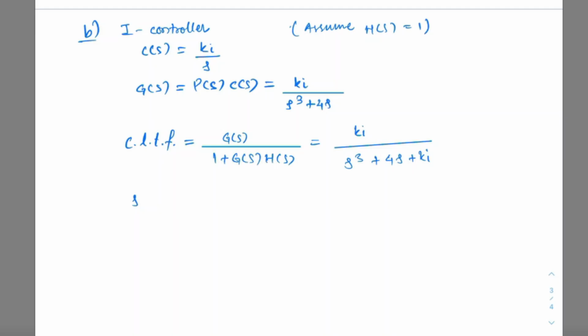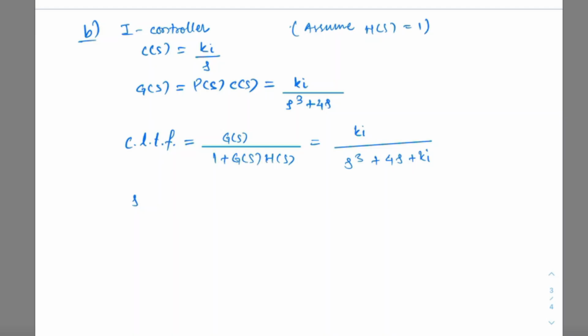So the PI controller cannot stabilize the system.